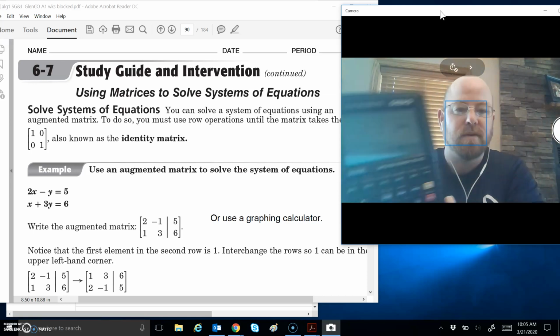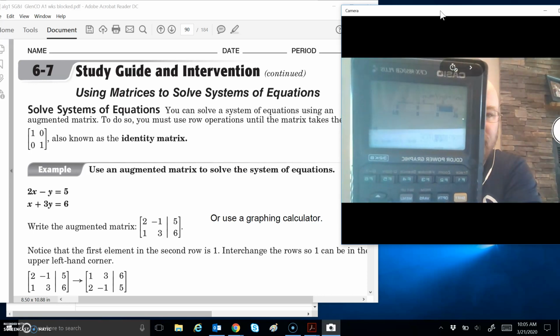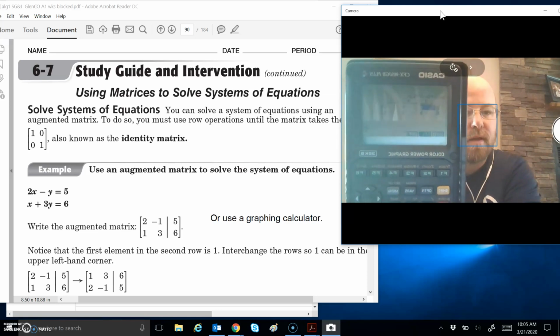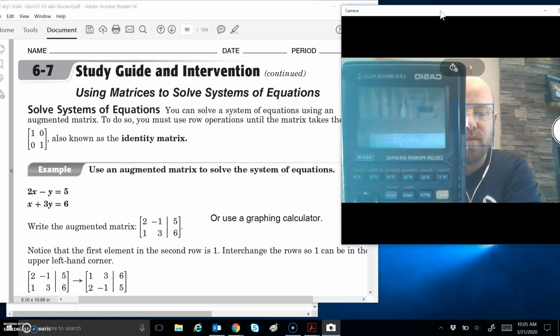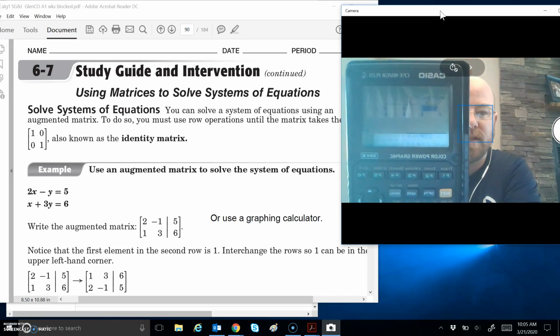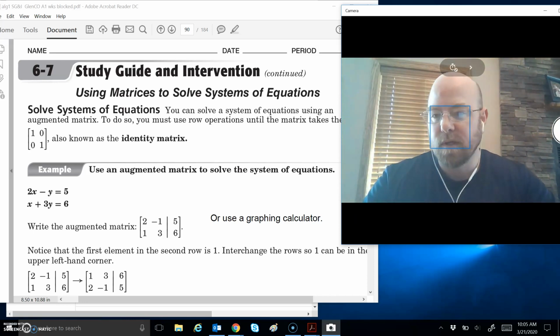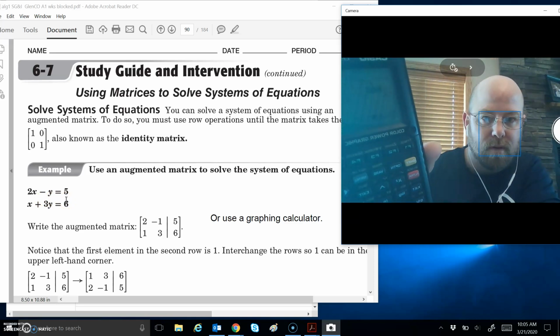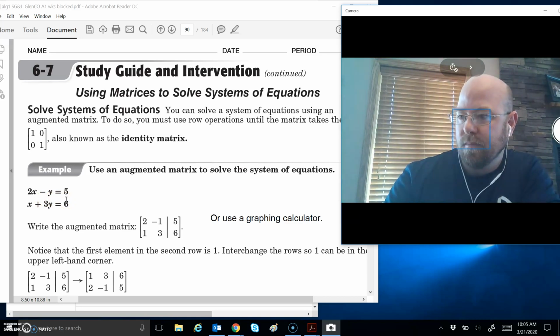Okay. So now, as you can see, this looks like the augmented matrices that we did on the other side. We're just going to plug these coefficients in and the equals in. If we look at our example here, we have 2x minus y equals 5. So I'm going to put a 2, and then hit execute.